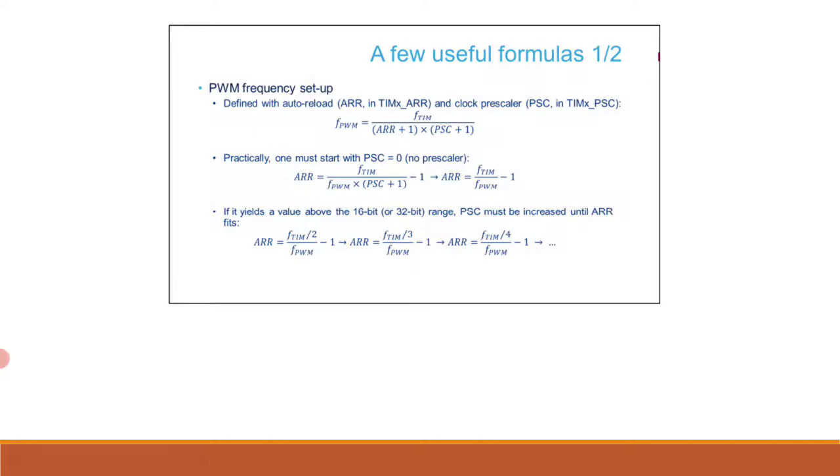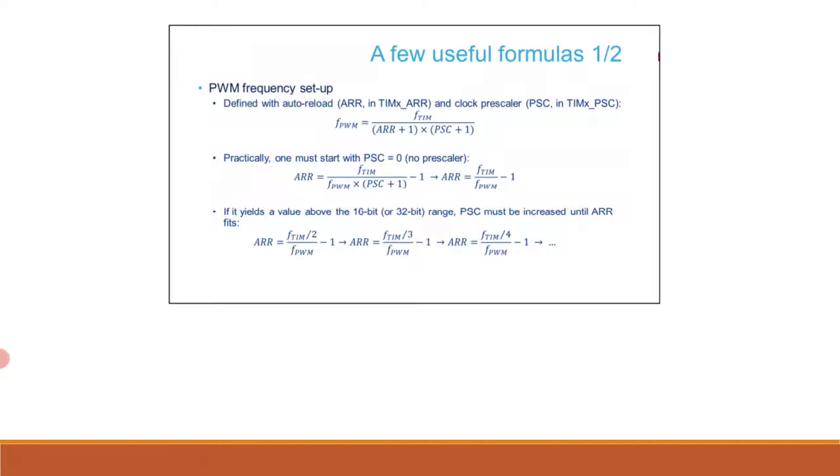The second formula: if this equation yields an ARR value above the timer's ARR range, either a 16-bit or a 32-bit value depending on the selected timer, the computation must be redone with a higher prescaler value with the following sequence: an ARR value equal to the timer clock frequency divided by 2 over the PWM frequency, the whole minus 1.